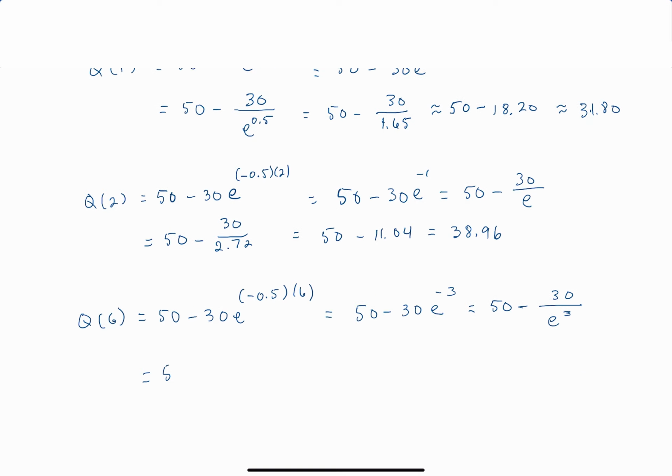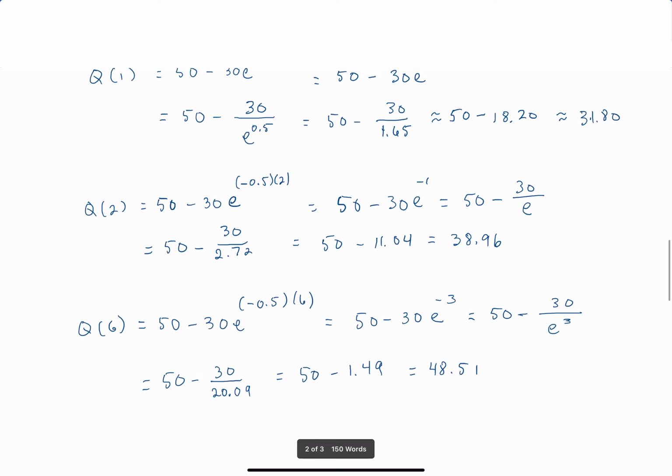And e cubed is about 20.09. So we have 50 minus 1.49. In other words, about 48.51.